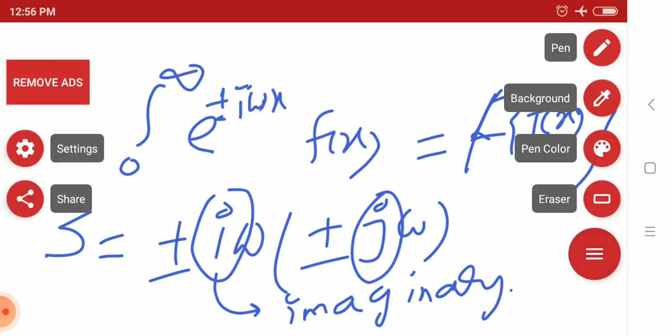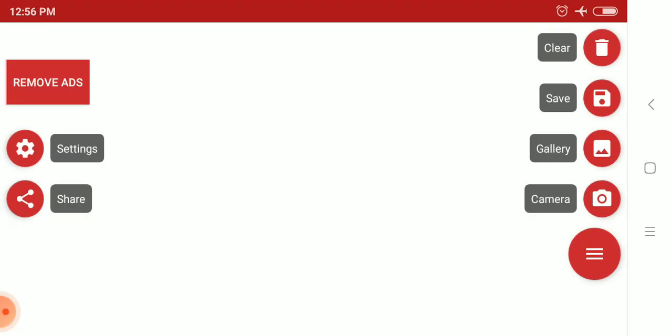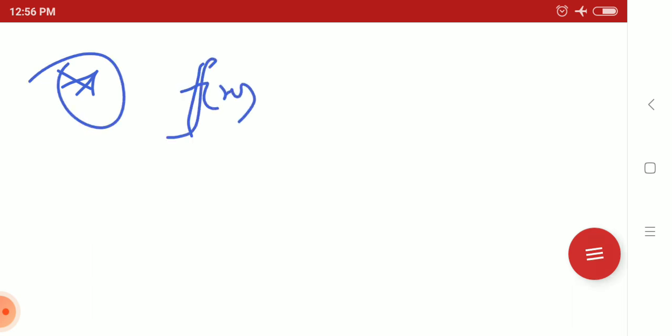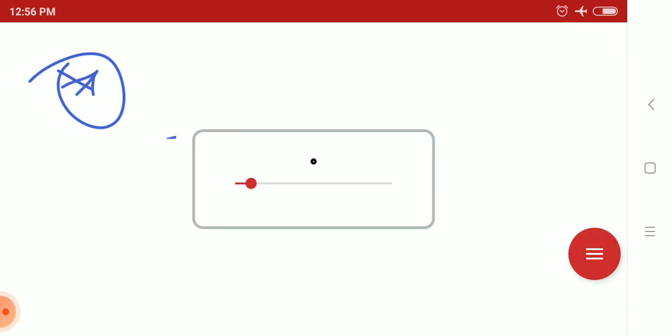So let's talk about some important properties of the Laplace transformation. For f of x, it should satisfy another important condition, the condition for existence of Laplace transformation.